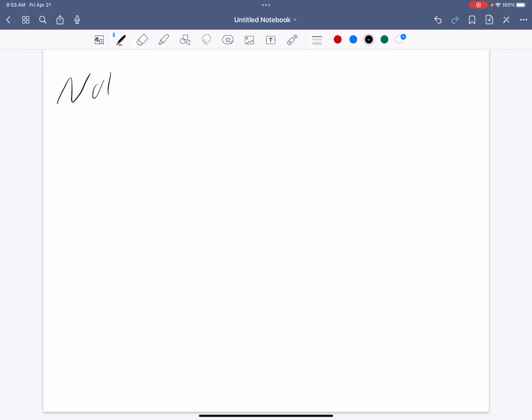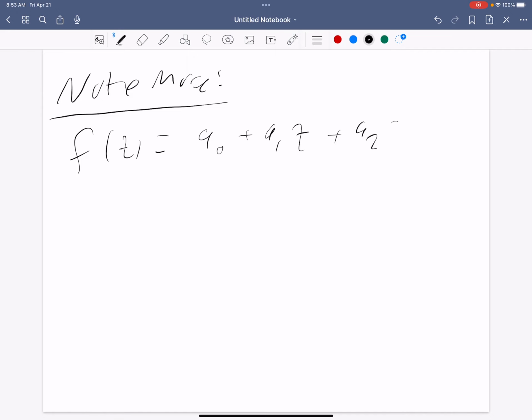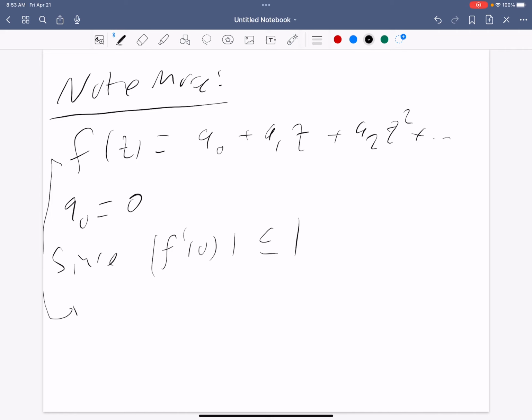So, note more. My function, remember, is analytic, so it looks like a power series. Note, our hypothesis ensured that a0 was equal to 0. And since I now know that the derivative at 0 is less than or equal to 1 in modulus, what would the derivative of my function look like?